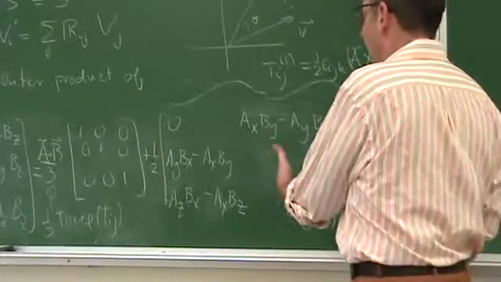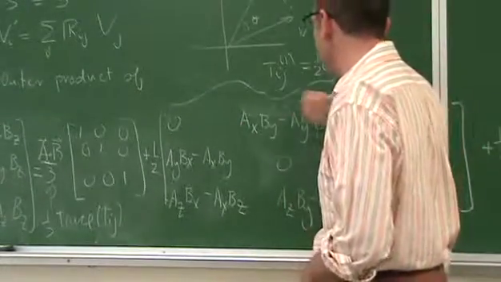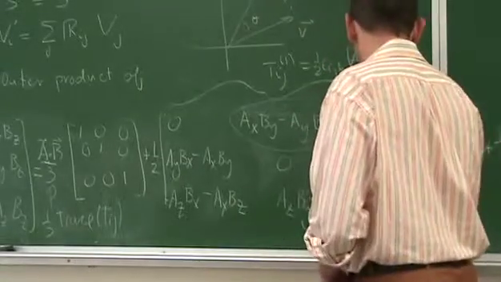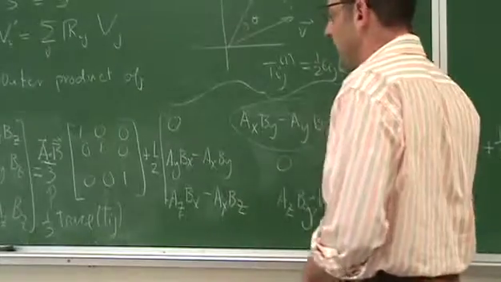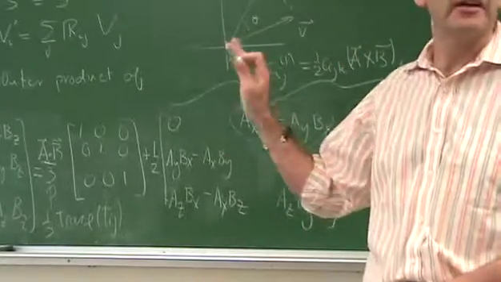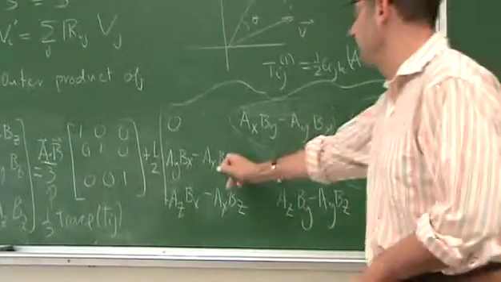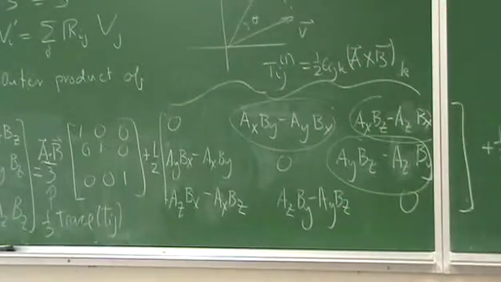So it itself has only 3 independent components specified by these 3 numbers. These are just the negatives of these numbers because it's an antisymmetric matrix. Right? So this is the negative of that, etc.